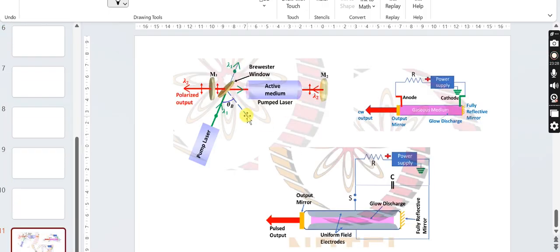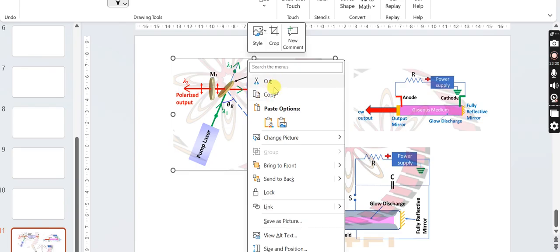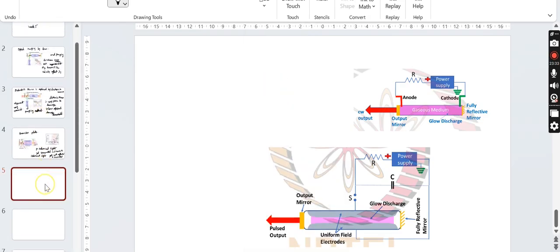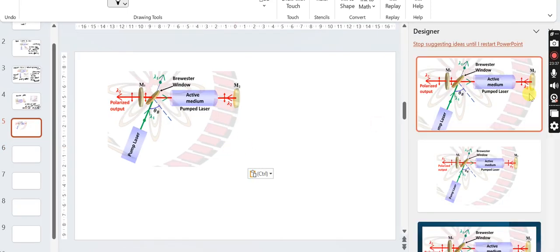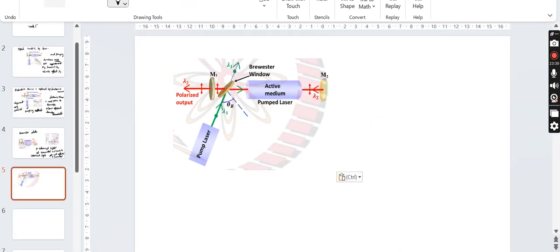And by using the same Brewster window, you can use a linearly polarized pump laser here.